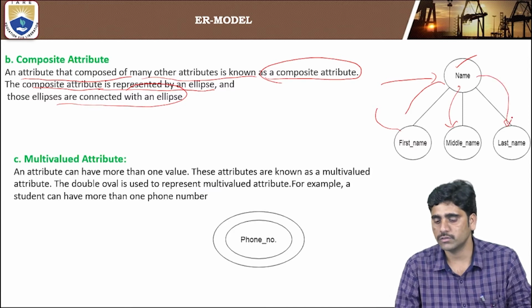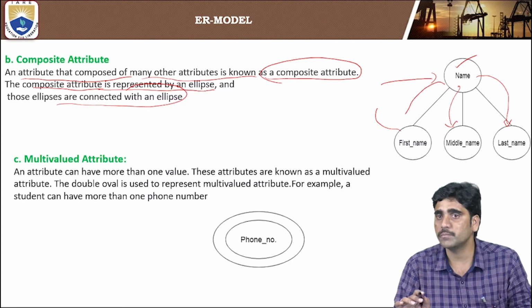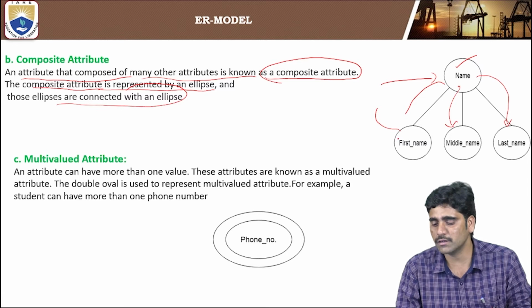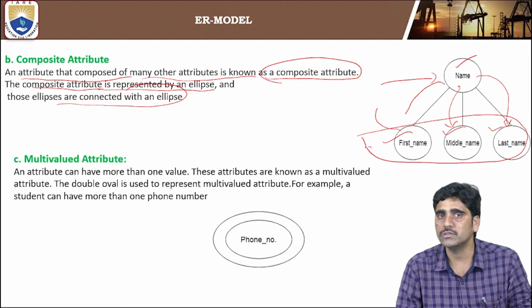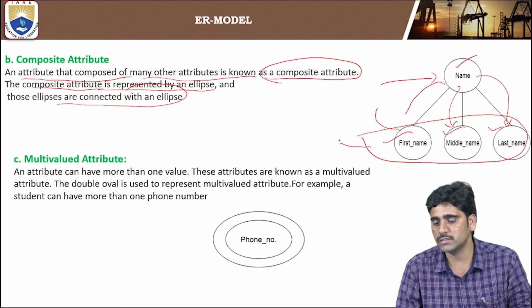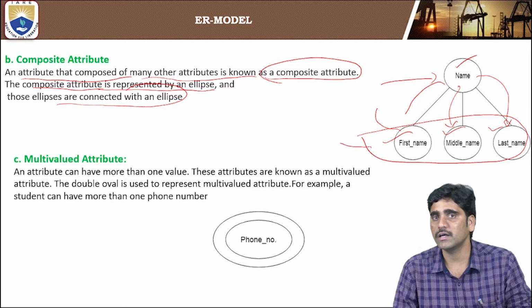So name is one attribute, but it composes in many ways. That many ways is nothing but first name, middle name, last name. These three are the component attributes.